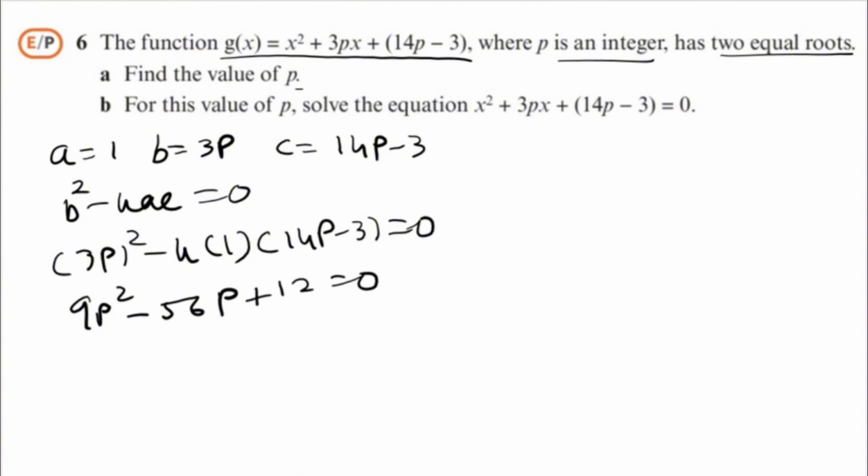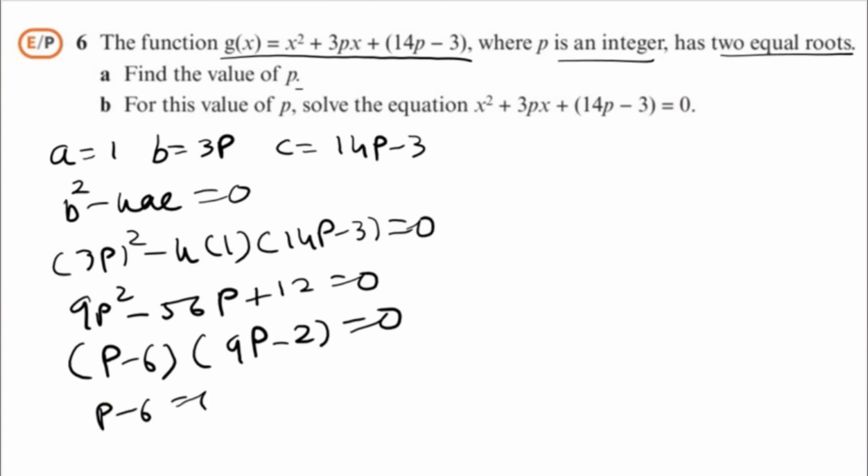Now, if you factorize this, you can find two factors: p minus 6 and 9p minus 2. You can use the quadratic formula or you can use splitting of the middle term. So we will get p minus 6 equal to 0, so p equal to 6, and 9p minus 2 equal to 0, so p is equal to 2 over 9.